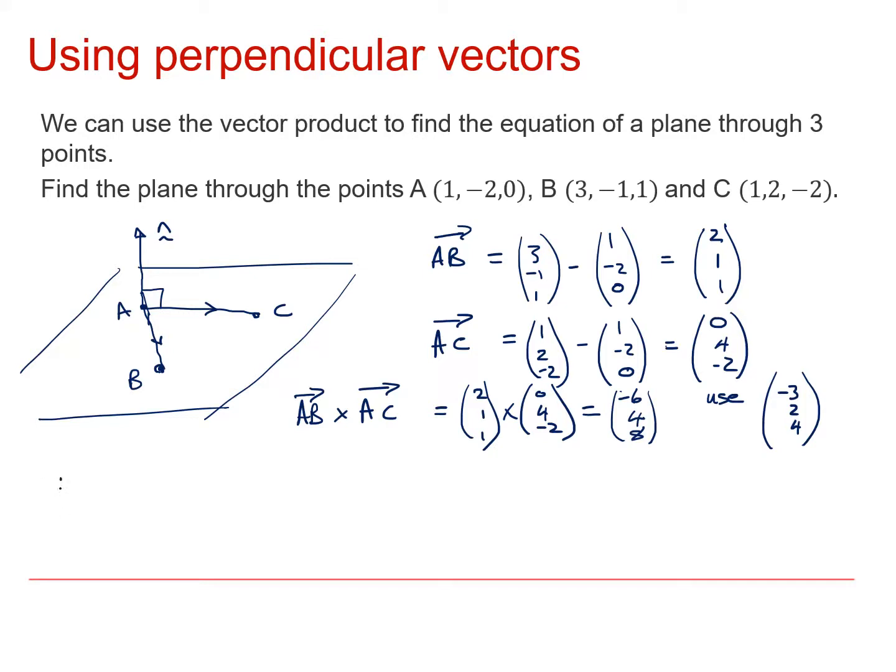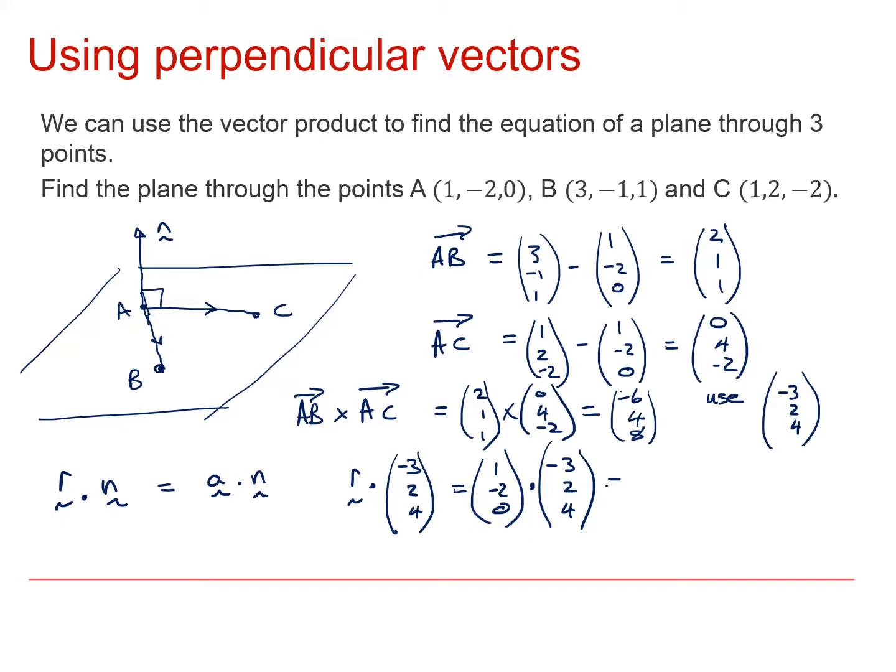And now to form the plane, I want r dot n is equal to some point on the plane. I'm going to use A again, dot n. So this gives me r dot (minus 3, 2, 4) is equal to, and A is (1, minus 2, 0), dot (minus 3, 2, 4). And that gives me minus 3, take away 4, plus nothing, that gives me minus 7.